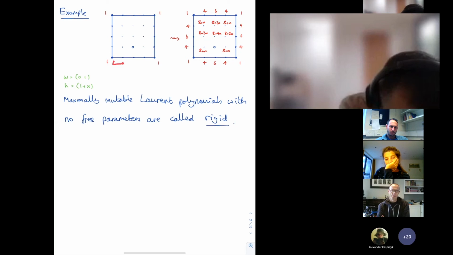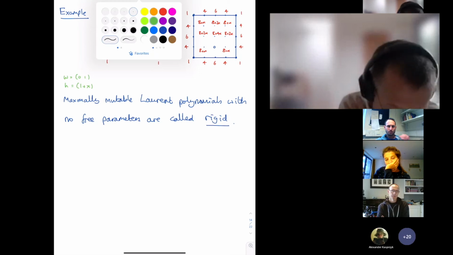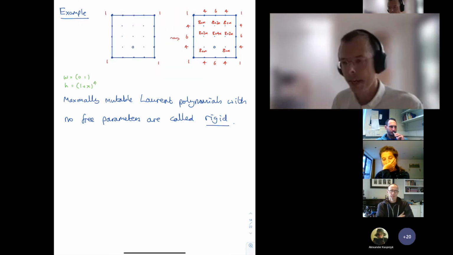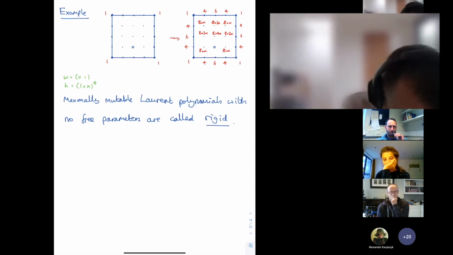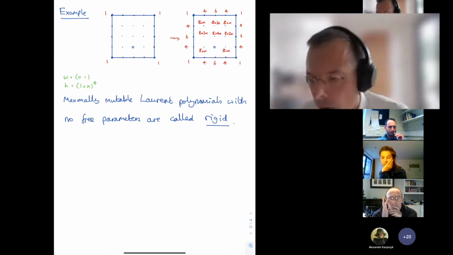But in fact, because this edge has length 4 and is at height 1, I don't just have to be compatible with 1 plus x. I could actually be compatible with (1 plus x) to the 4. I could actually mutate away a fairly big factor. And when I do that, I discover that that forces binomial coefficients along these edges.